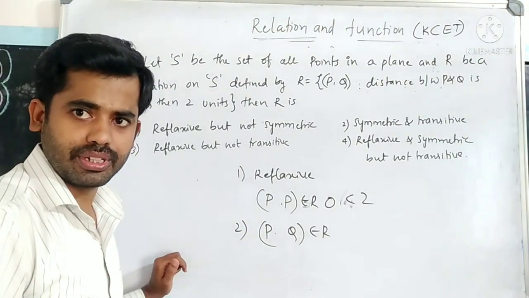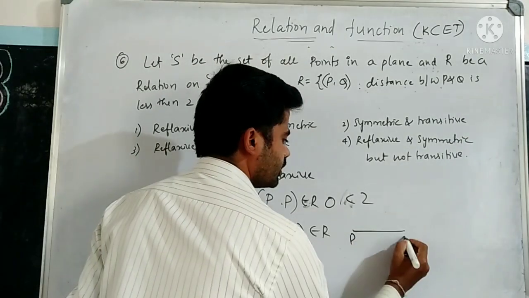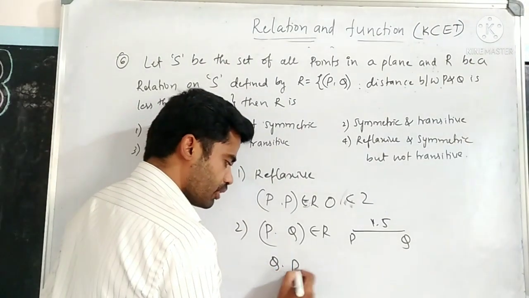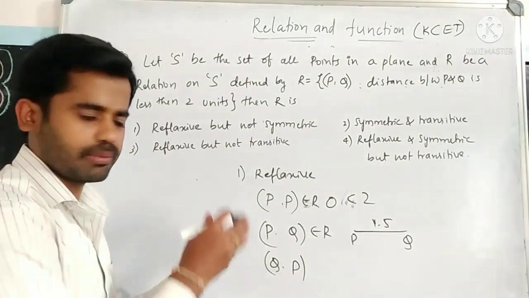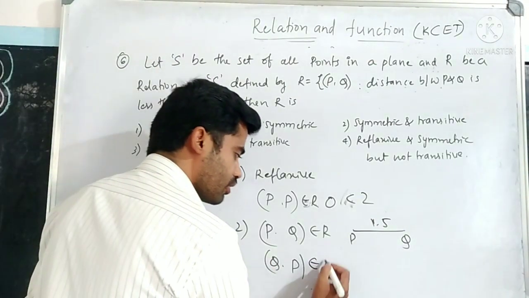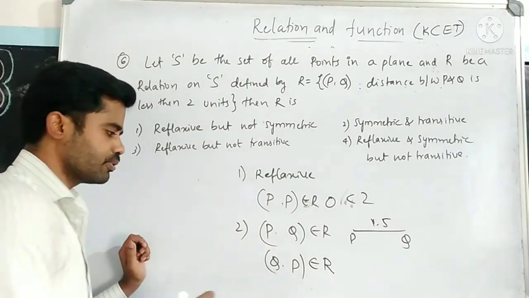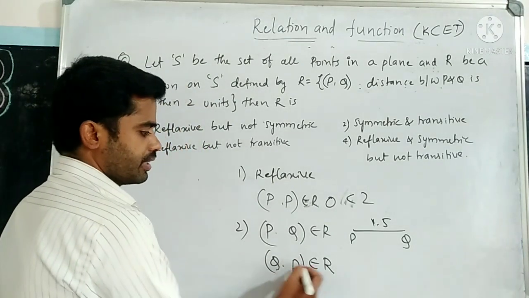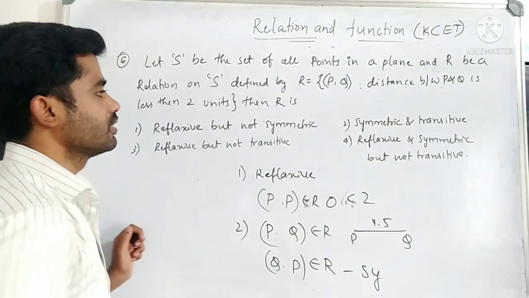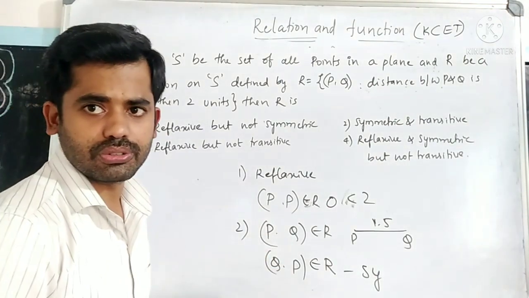If the distance between P and Q is 1.5, then the distance between Q and P is also 1.5, the same distance. Therefore, that also belongs to R. Hence, it is symmetric.